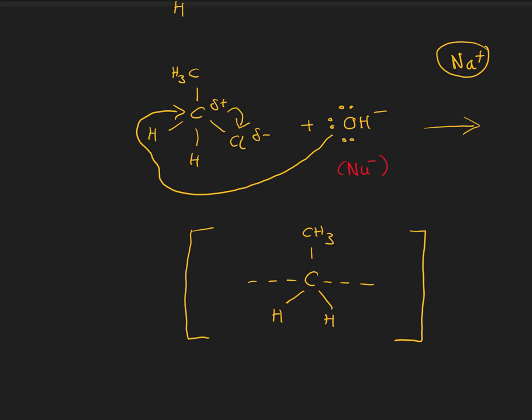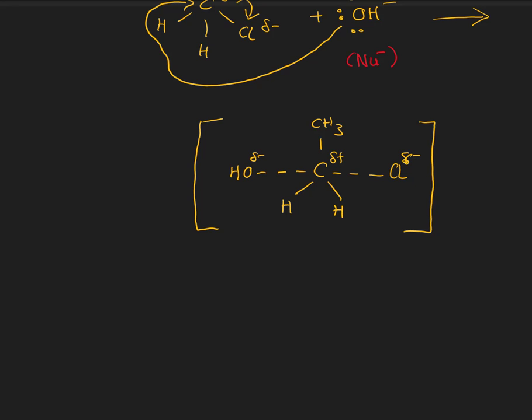We know it is simply a transition state. Our chlorine's on this side, and our newly added hydroxyl group is on this side. Our carbon is still partially positive. Our chlorine is still partially negative, and so is our OH, so none of that information has changed. Again, this is all happening at once, so it's a concerted reaction. It doesn't happen step by step, it happens all at once.